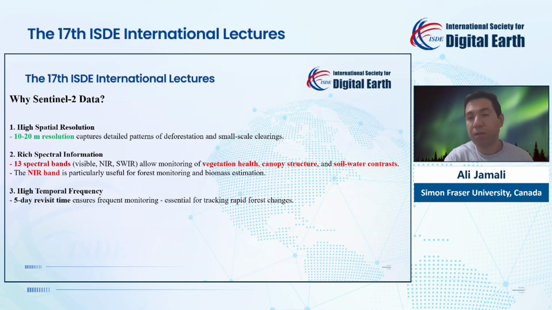The near-infrared bands, in most applications, are used with the normalized difference vegetation index, from infrared and red. They are excellent for forest monitoring and biomass estimation, and the revisit time is 5 days. So it is excellent if we are tracking rapid forest changes, if there is, for example, a forest fire.